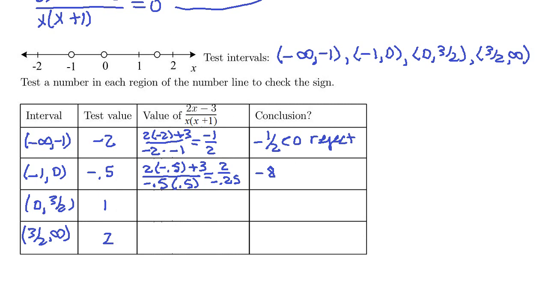Oh, wait a minute. Got a sign error here. That should be a minus, and this should be a minus. I don't think that's going to change things in the first interval. So minus, that'd be negative 4 minus 3, negative 7/2 is still less than 0, reject. 2 times negative 0.5, negative 1 minus 3, negative 4 on top.